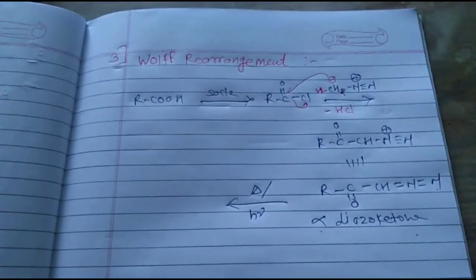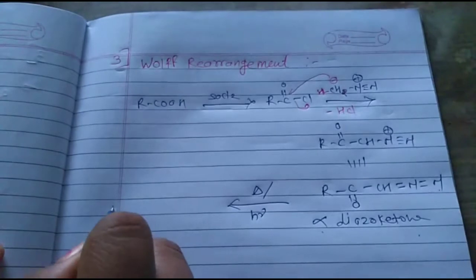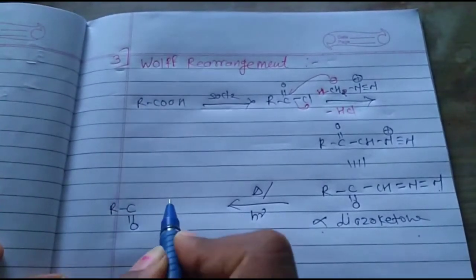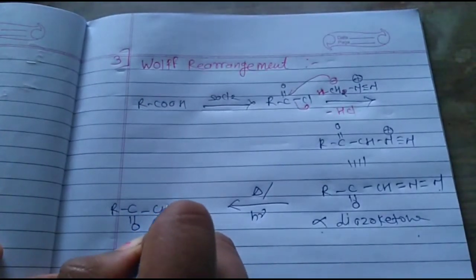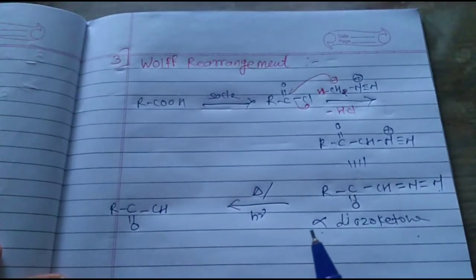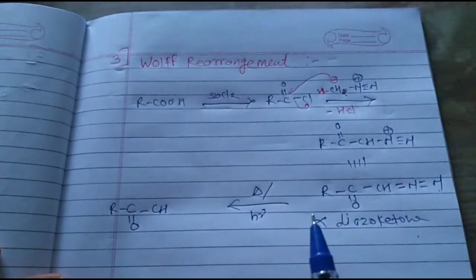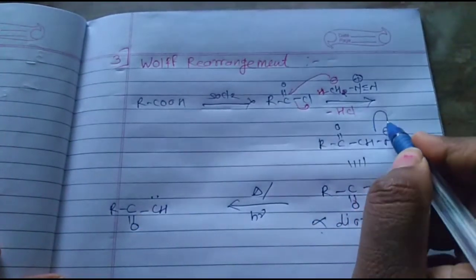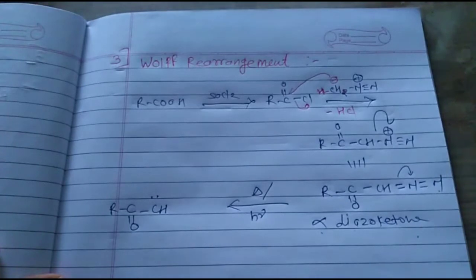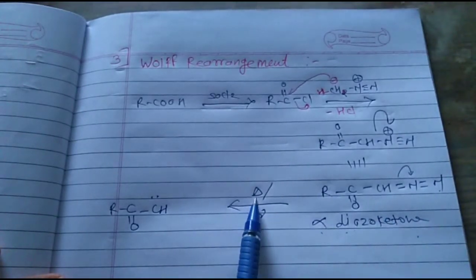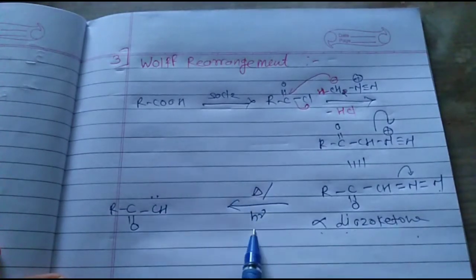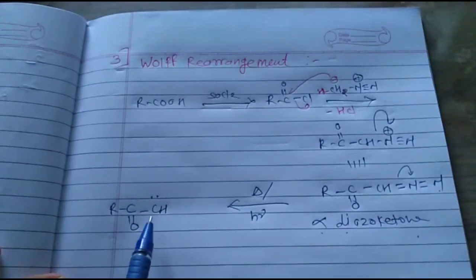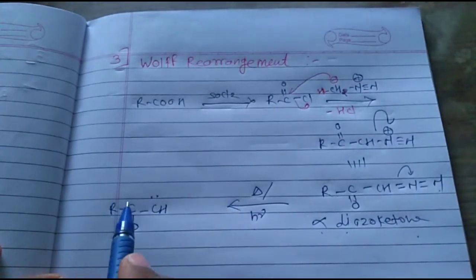Then there is a formation of this type of compound, that is RC double bond O, CH carbene. By removing these, what happened here? This diazoketone is easily decomposed by thermal or photolytic effect, and it is rearranged in this manner.